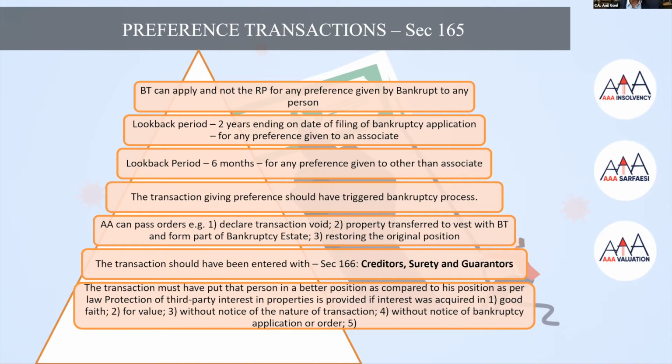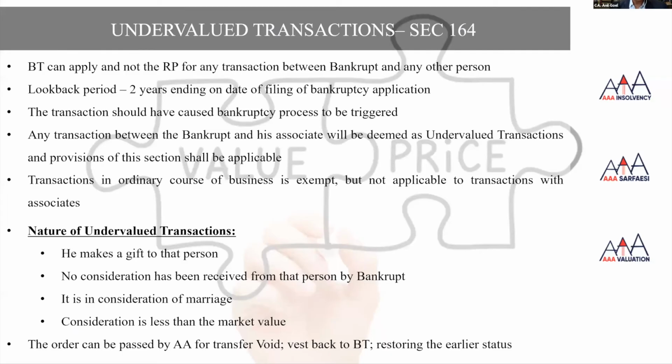For any preference given to an associate, 2 years. Look back period is only 6 months for any preference given to any other person. Now, let us go back. For undervalued, the look back period is 2 years, irrespective of whether the transaction has been entered with an associate or any other person.